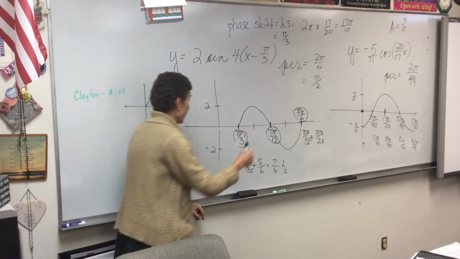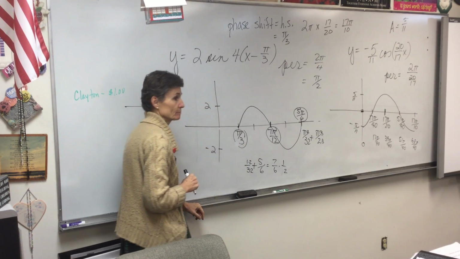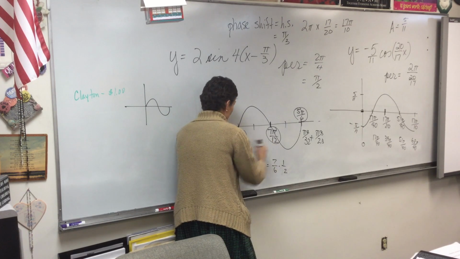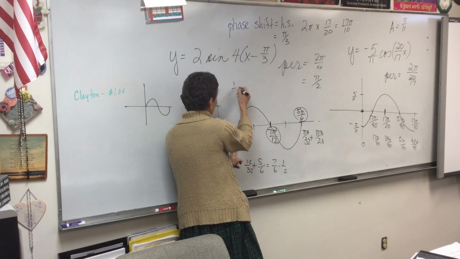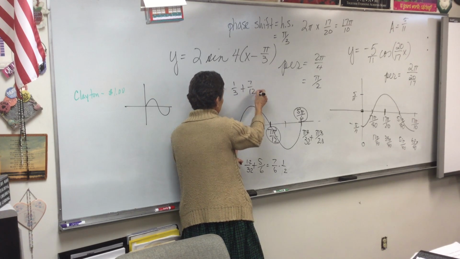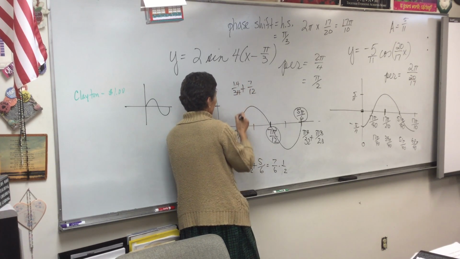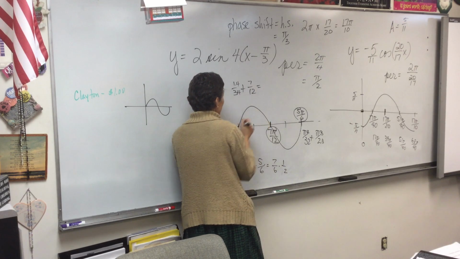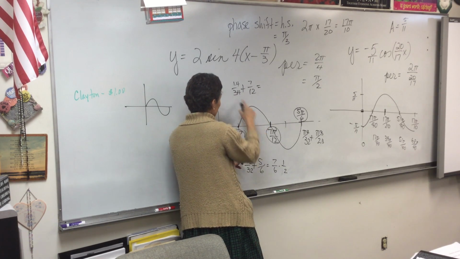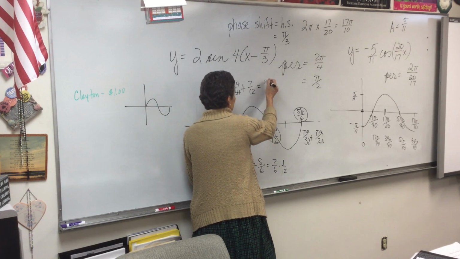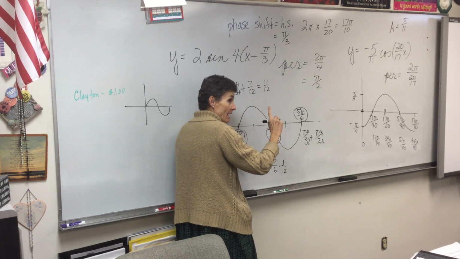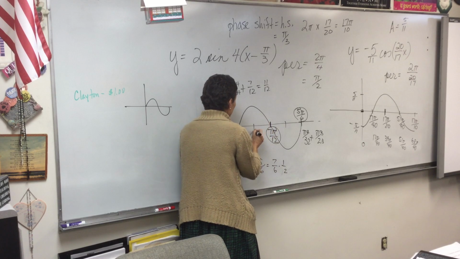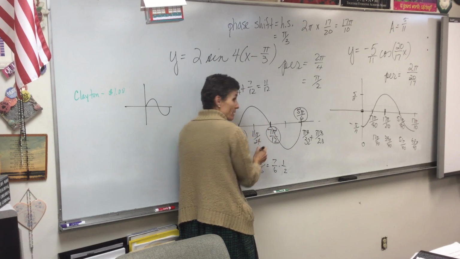All right? Now, how are you going to get this one? You're going to average these two. So we have 1/3 and 7/12. I get a common denominator, 1/3 and 7/12. That's 11/12. Half of that, remember you're averaging, would be 11/24.